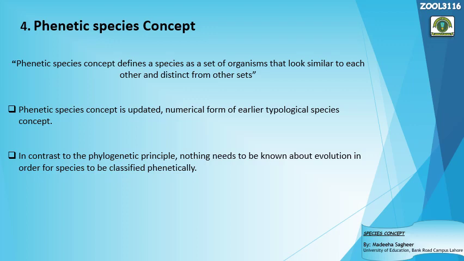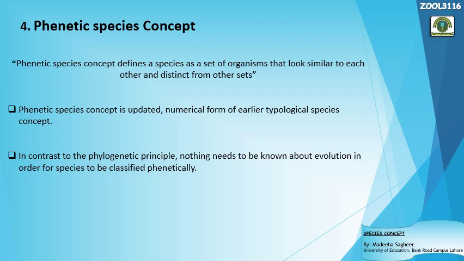Phenetic species concept is also known as, like that of the topological species concept, the morphological species concept, but it is the most advanced and modern version of the morphological or topological species concept. Let's read it and have the proper definition of this concept.